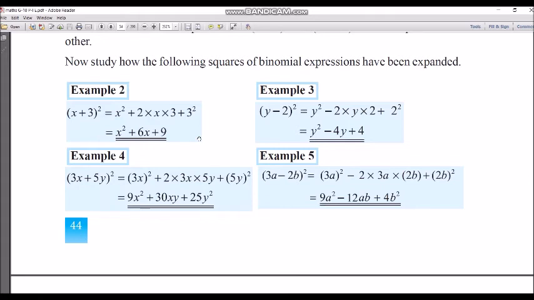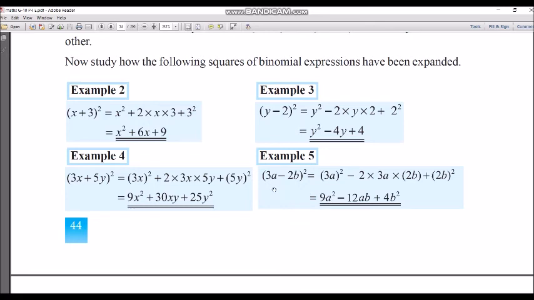In this example 5, there is no need to go through these things. You can go through these examples on your own. So what we have learned, the simplified form is the square of the first term, 3a. The square is 9a squared. You can see it here.